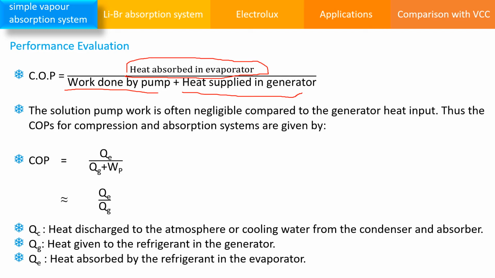This can be represented in symbolic format: QE is heat absorbed in the evaporator, QG is heat provided to the generator, and WP is work done by the pump. If you see the values of QG and WP, it is often seen that WP is negligible compared to QG. So COP is approximately considered as QE upon QG, where QE is heat absorbed in the evaporator and QG is heat supplied to the generator.